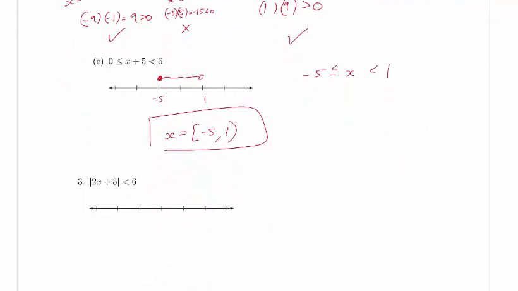Okay, here we are at an inequality involving an absolute value. So once again, let's take a look at this. What does this mean? First off, what does an absolute value mean? Well, an absolute value takes a negative number and makes it positive. And if it's already positive, it leaves it alone.